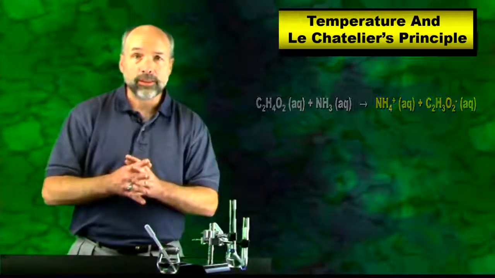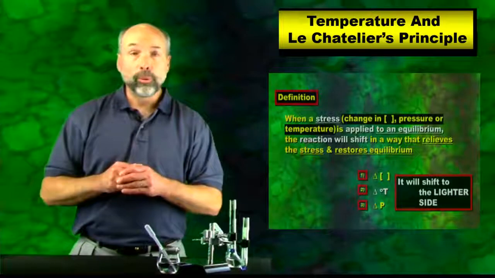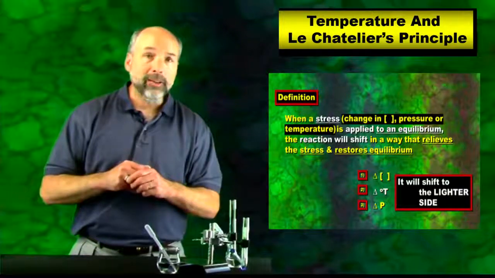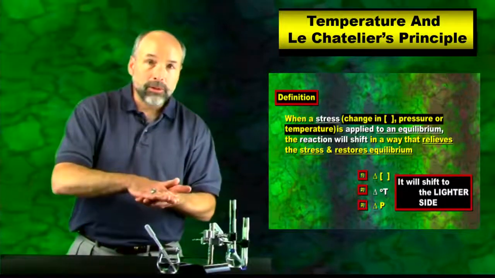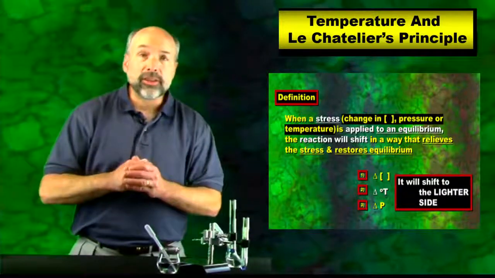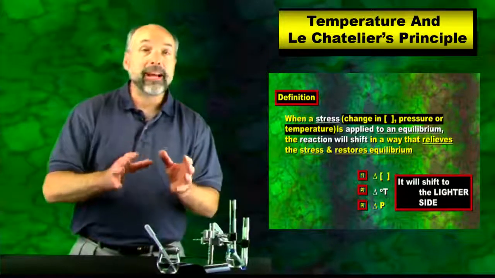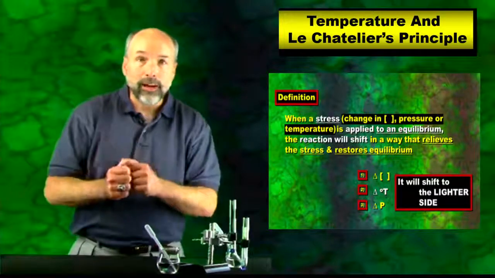That's Le Chatelier's principle. There are three different factors that can disrupt a chemical reaction. We can change the concentration of the reactants, either by reducing them or increasing them, depending on our situation. We can also change the temperature. We can have a very hot temperature or a cold temperature. That's going to change this whole idea of going back and forth.